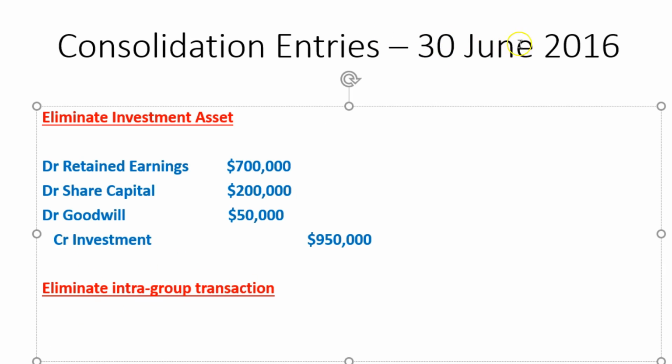Okay, so we also need to eliminate the intragroup transaction. Because we're recording at 30 June 2016, we acquired the company at 30 June 2016, and the dividend was payable at 1st of August 2016. So at this point in time, QCO will have a dividend payable on their balance sheet, and Ben Limited will have a dividend receivable on their balance sheet.